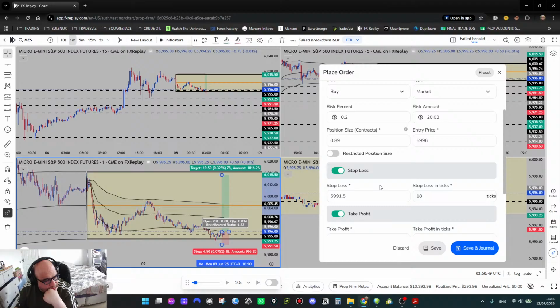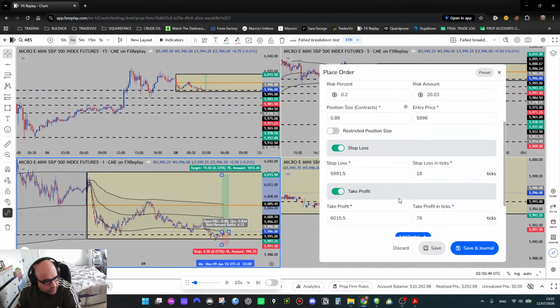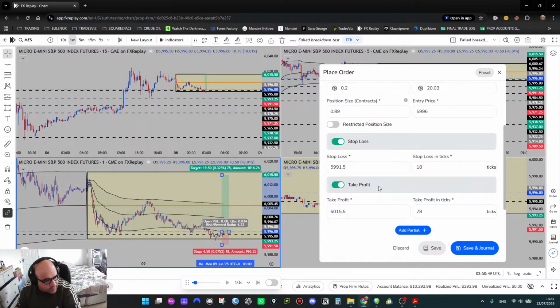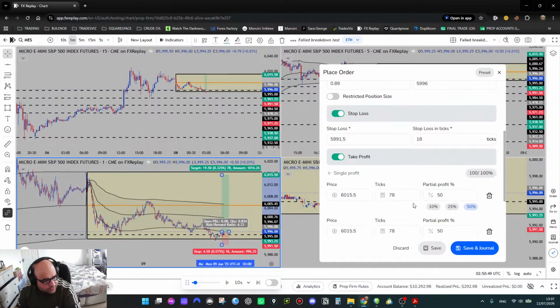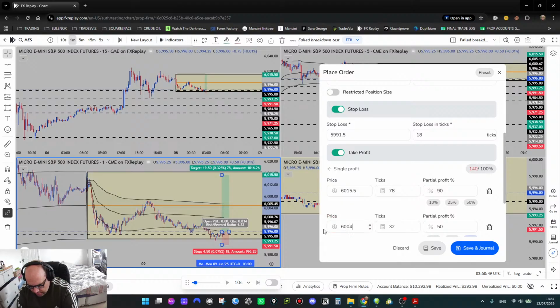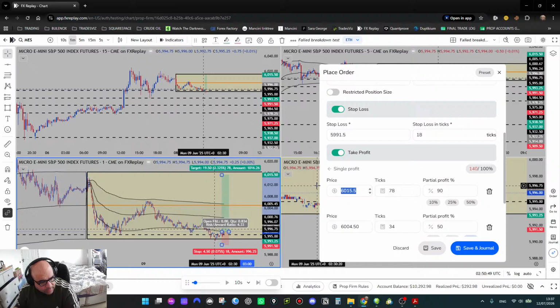Okay, so we have stop loss 59.91 and 6,050. Okay, it's been updated. And we're gonna take out a partial of 90% right below here, so it's 6,050.